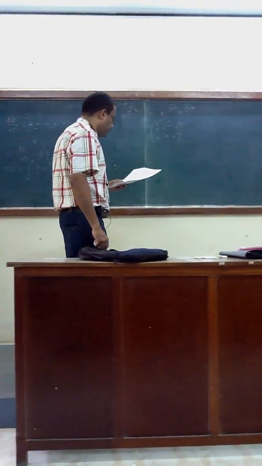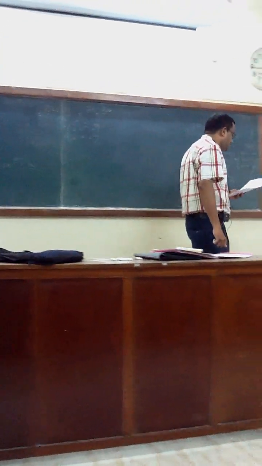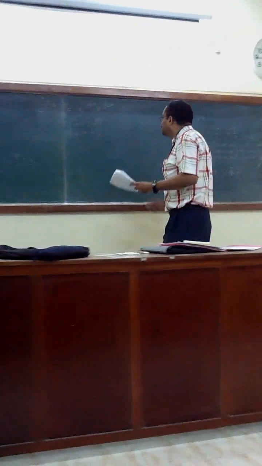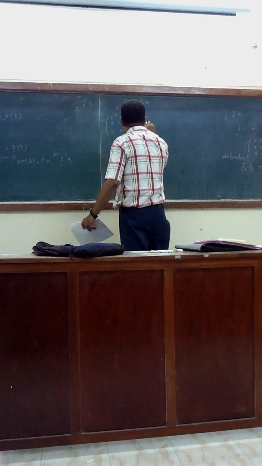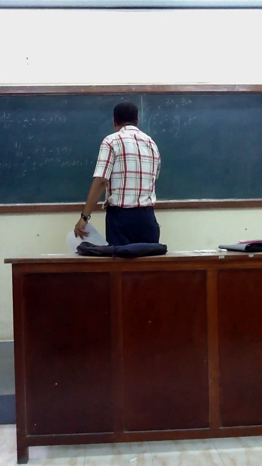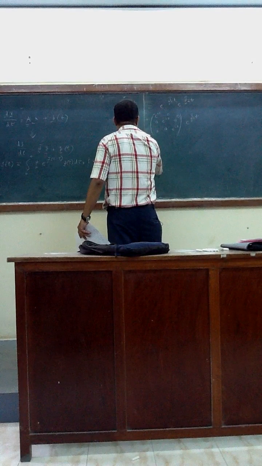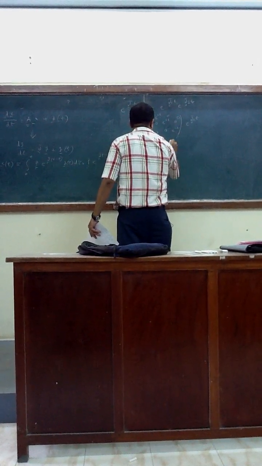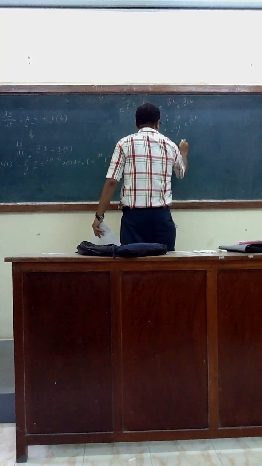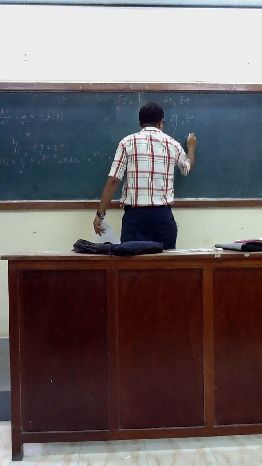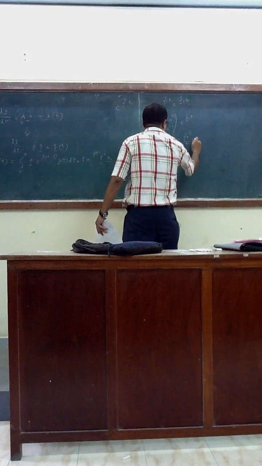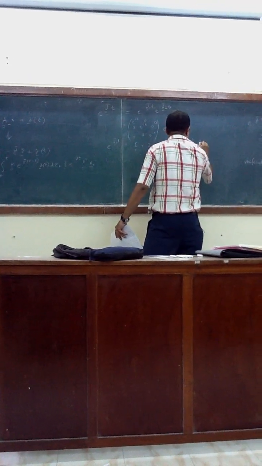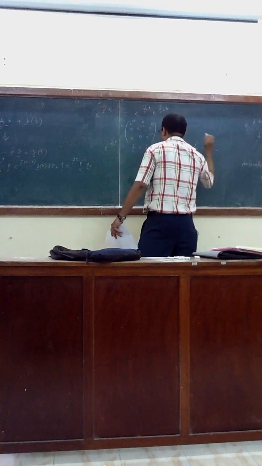Next is e to the power J2t. How to calculate e to the power J2t? So you write down e to the power J2t, which will be the I matrix plus J2t plus J2 square by 2 factorial t square plus J2 cube t cube by 3 factorial and so on.